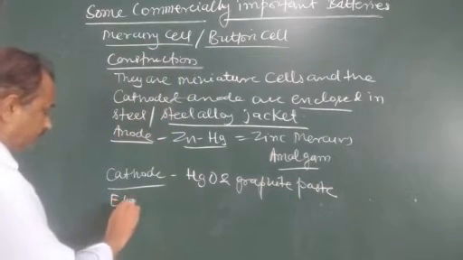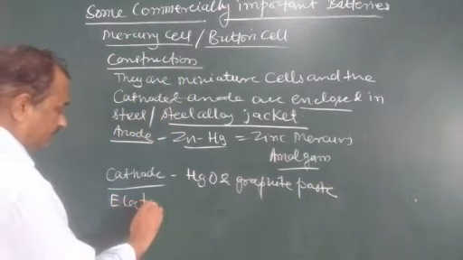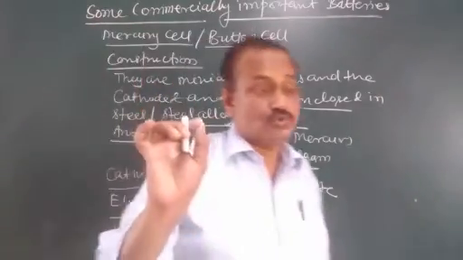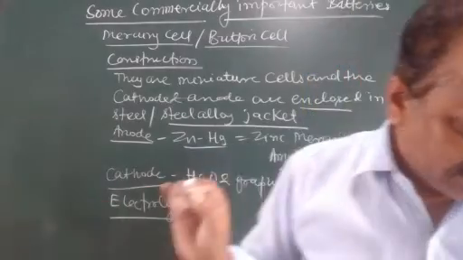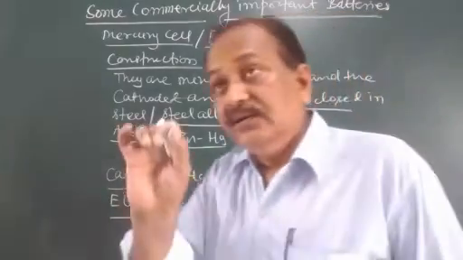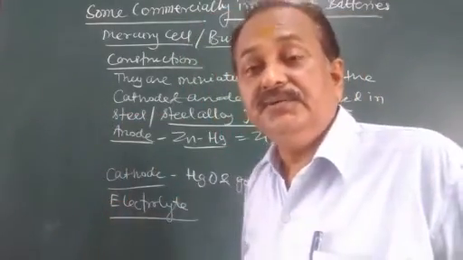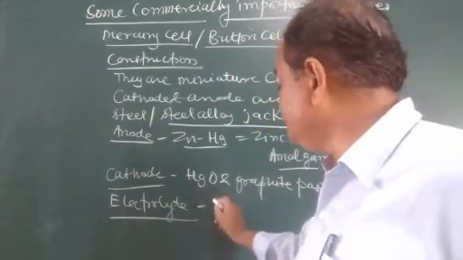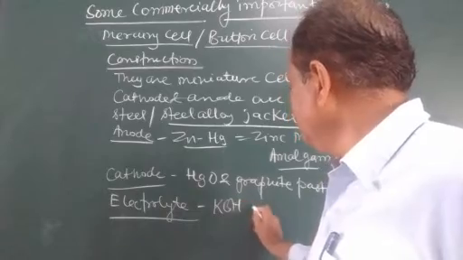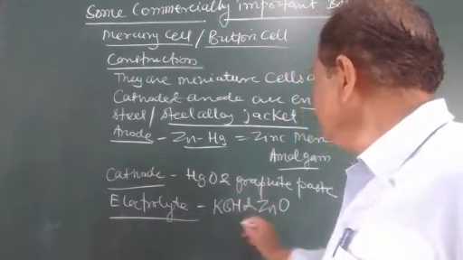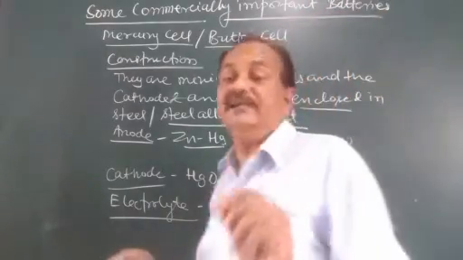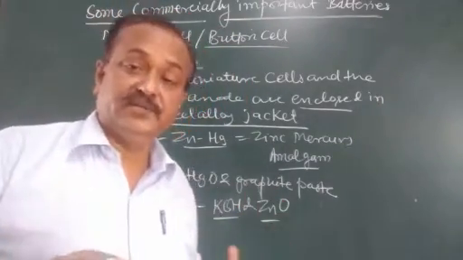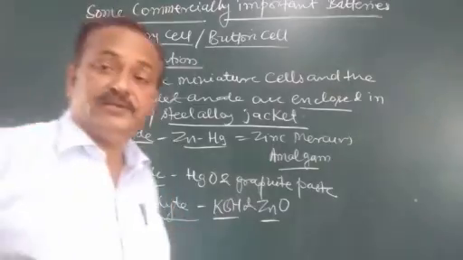Now coming to the electrolyte. It is so minute, microscopic rather. The electrolyte is KOH and zinc oxide. You can imagine how compact it is. Next we will see how it works.